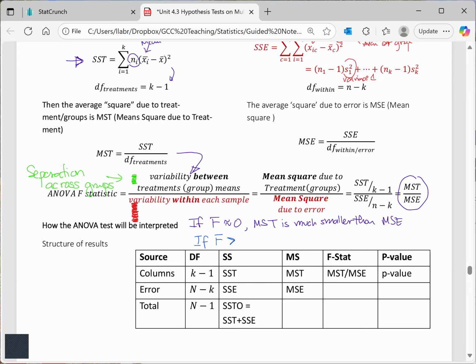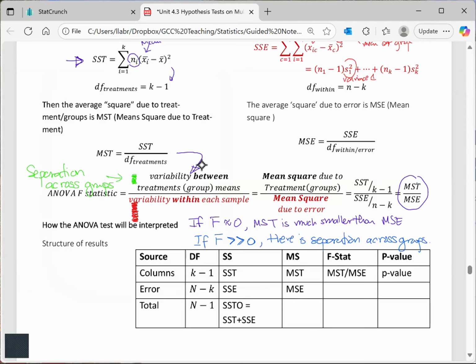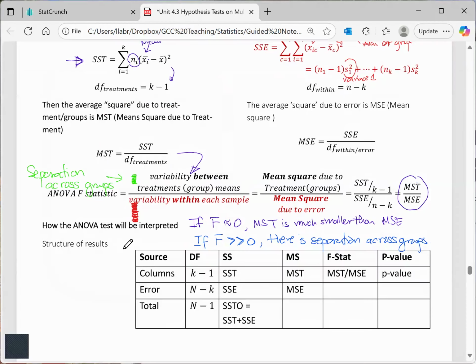And this is a positive value over a positive value. So the bigger the F ratio is, if F is much larger than 0, then that means that there is a separation across groups. So there is a difference in whatever random variable you're looking at across those different groups.